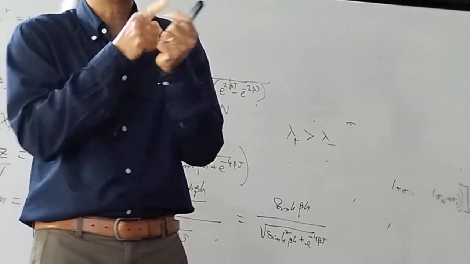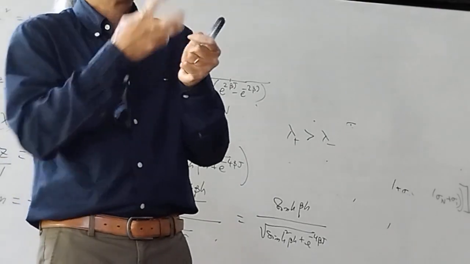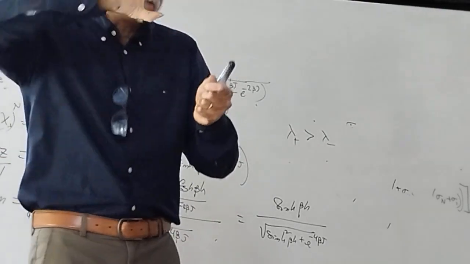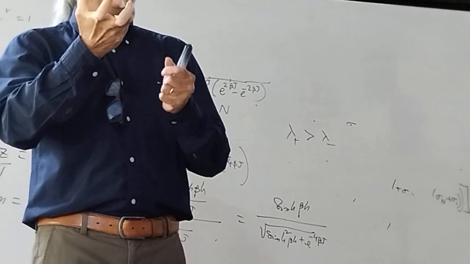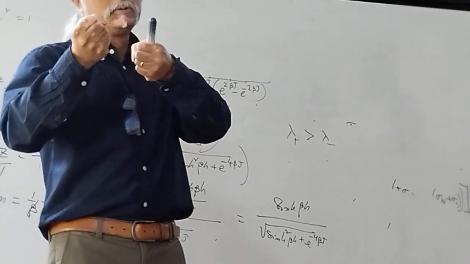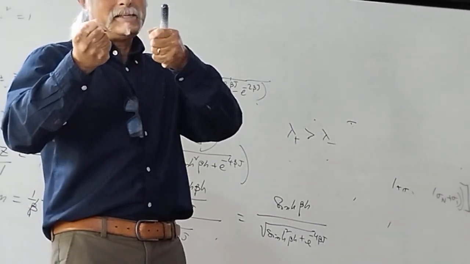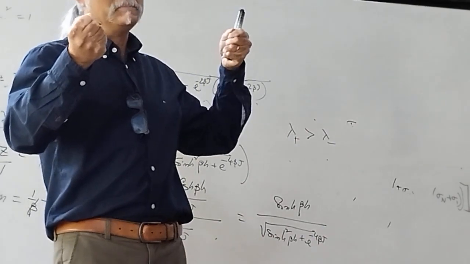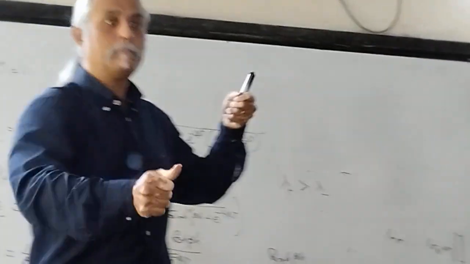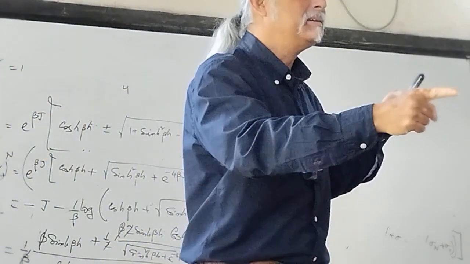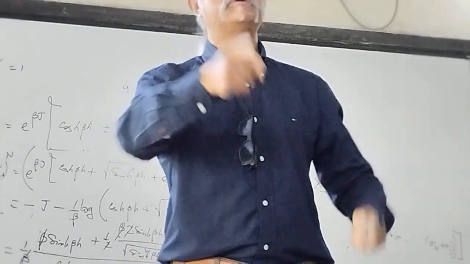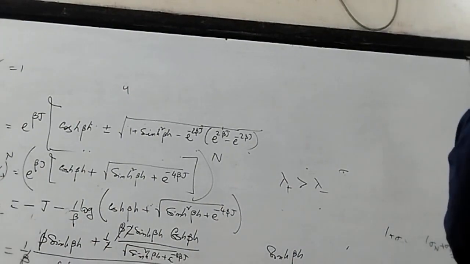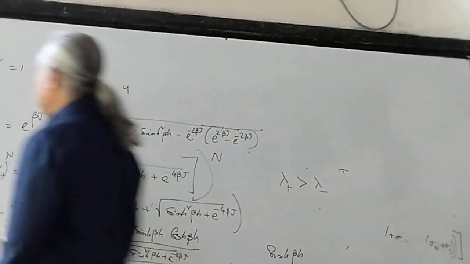I don't want to destroy the condition of equilibrium. Keeping the system in equilibrium, slowly, so that the system doesn't notice, I will make H equal to 0. Then if I see there is a magnetization, I call this a spontaneous magnetization. Do you understand?